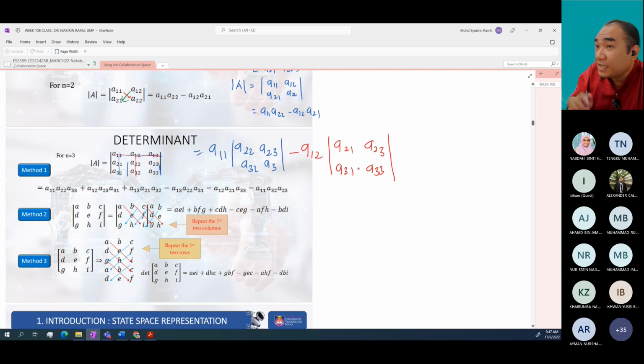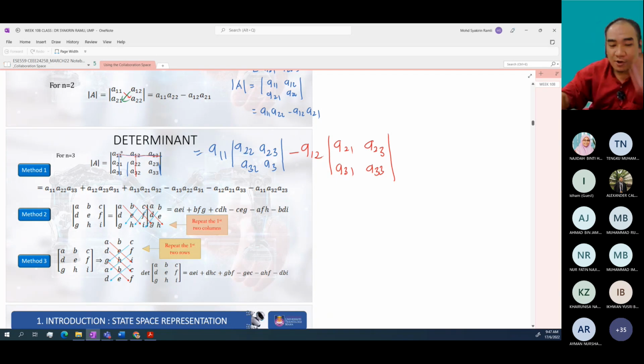Kan kita nak cari determinant of matrix A. The dimension of the matrix A is 3 by 3. Okay, the way we compute the determinant of the matrix A is kita ambil yang pertama tu A11, and then we find the determinant of the cofactor ke panggil. Okay, A22, A23, A32. Maknanya you take this one.